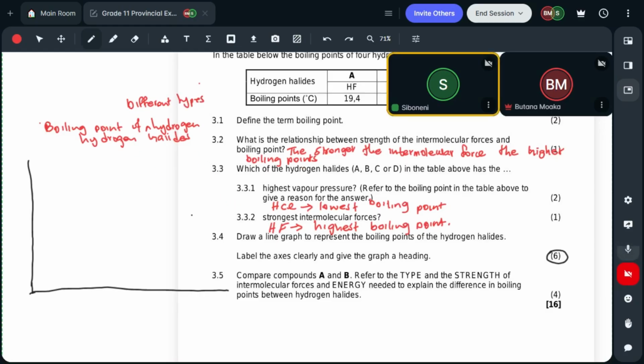Okay, now you need to understand which one will be the independent, which one will be the dependent. Okay, so on this part here, I'm just gonna put my hydrogen halides on my X, and then this side we're gonna put our boiling points.